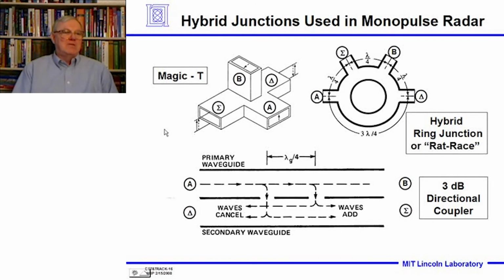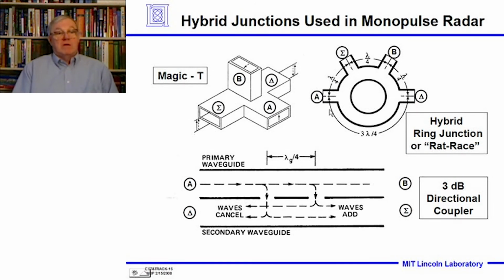Coming out, one end will be a sum channel, and the other end a difference channel, and then there's a 3 dB directional coupler where you can put the A channel in one direction, the B channel in another, and coming out these 2 different ports will be the sum and the difference.